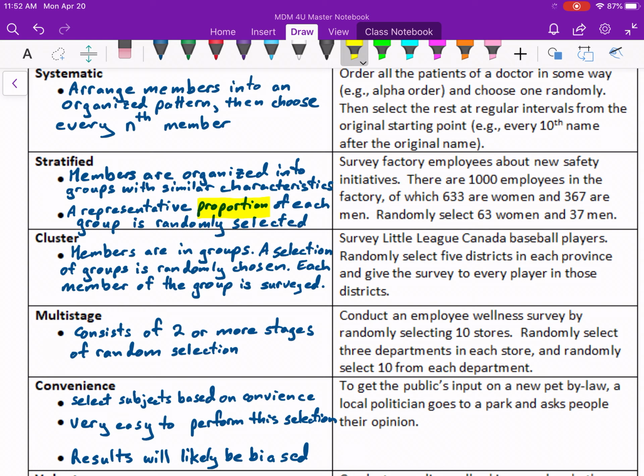If there's 1,000 employees in the factory, of which 633 are women and 367 are men, so there's about twice as many women as men in this factory, we want to go out of our way to specifically survey more women. So maybe they take 10% of them, 63 women and 37 men. Now, they still have to choose those 63 women and 37 men randomly, but it's proportional. So the makeup of the sample is proportional to the makeup of the population.